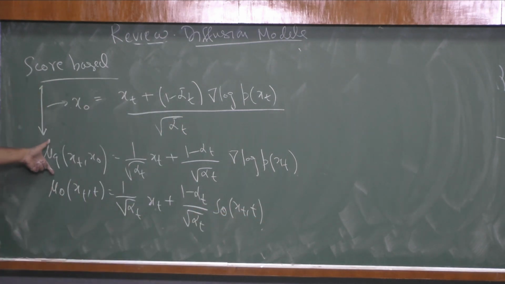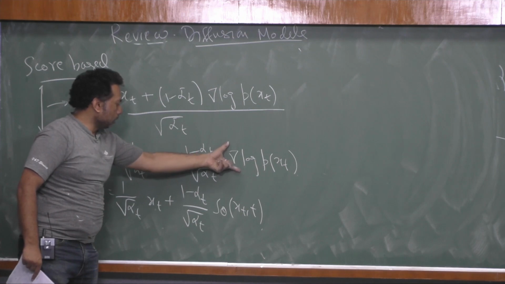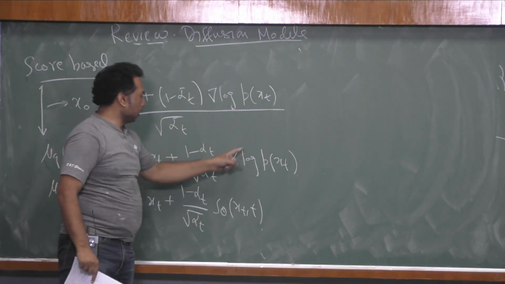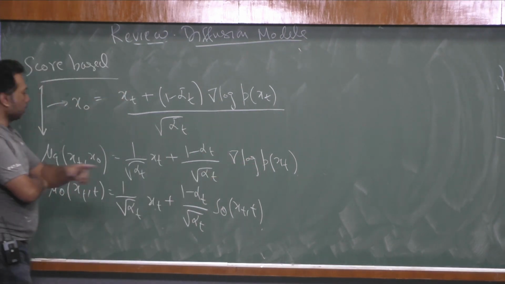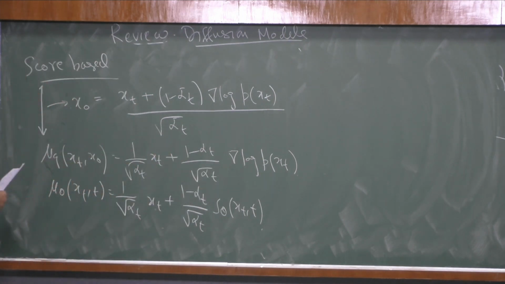By looking at this reference mu q, we said, as before, why not match this log p with this s theta function. Why not try to predict this gradient of the log of the required density? This is called a score based function: when you take the gradient of the log, this is called the score. So we say let us try to learn the score by taking a difference.